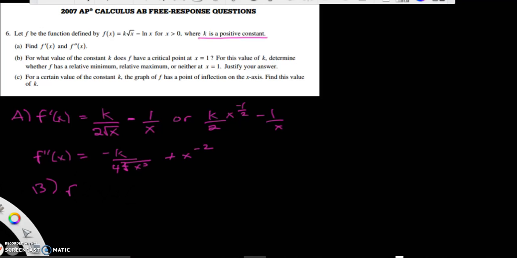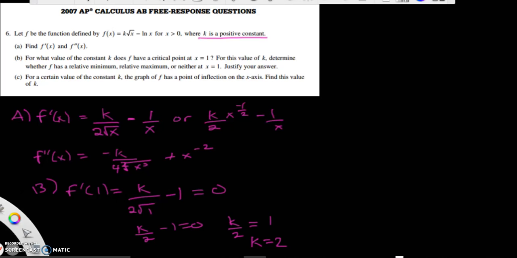Luckily, they gave us f prime of 1 is going to equal k over 2 root of 1 minus 1. And this thing has to equal 0 if it's going to be a min or a max. So now we get k over 2 minus 1 equals 0, so k over 2 equals 1. K has to equal 2.